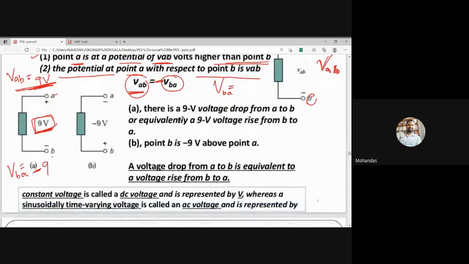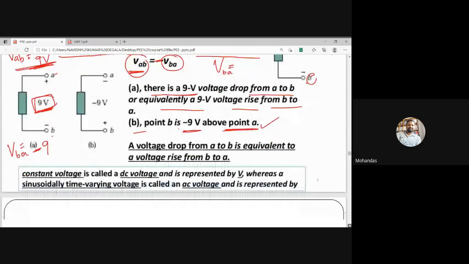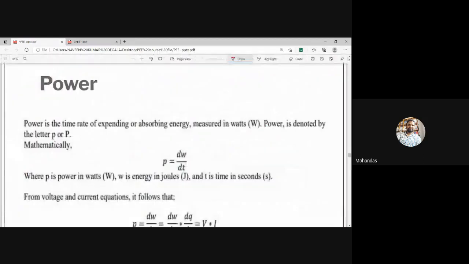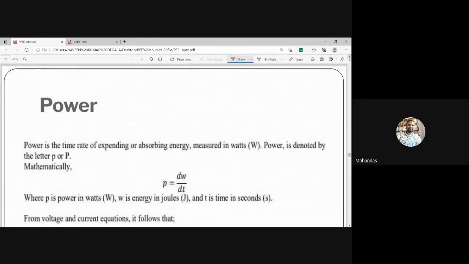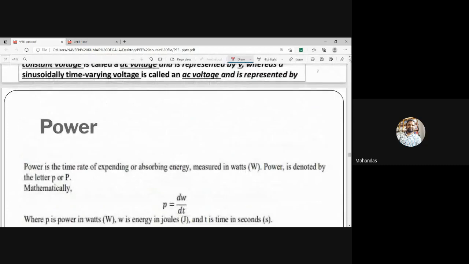There is a 9 volts drop from A to B, equivalent to a 9 volts rise from B to A. But if you take figure B, the point B is minus 9 volts above the point. So that is the difference. Whenever you interchange the subscripts, you have to give the negative polarity.